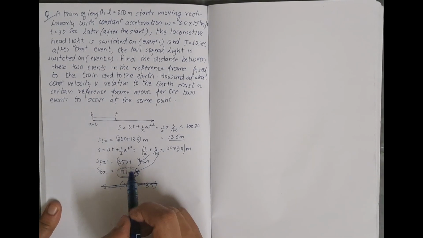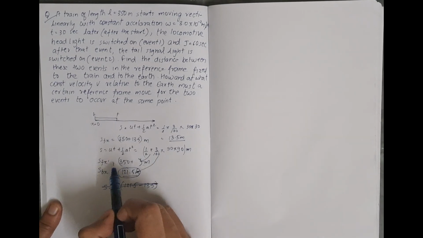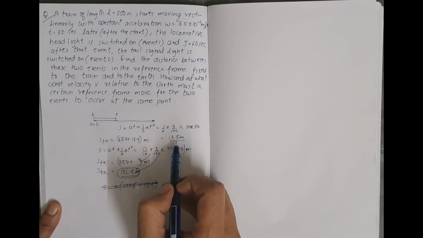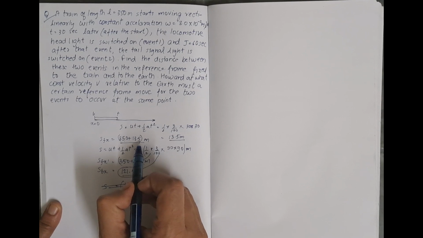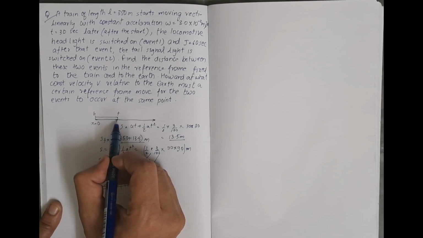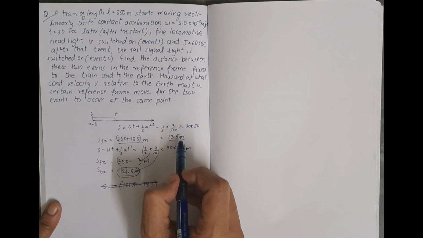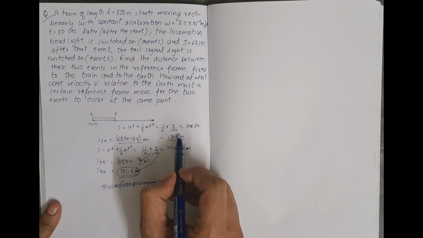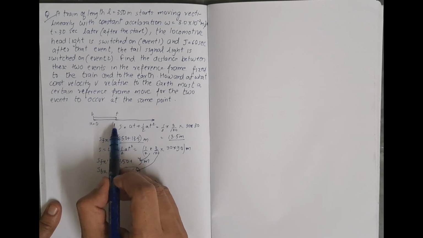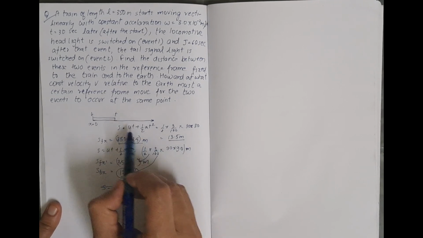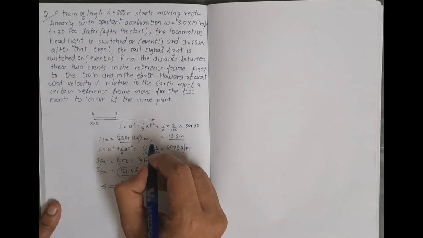Then the x coordinate is 350 plus 13.5, because 350 is the length of the train and 13.5 is the total distance traveled by the front end. So the x coordinate of the front end of the train is 363.5.